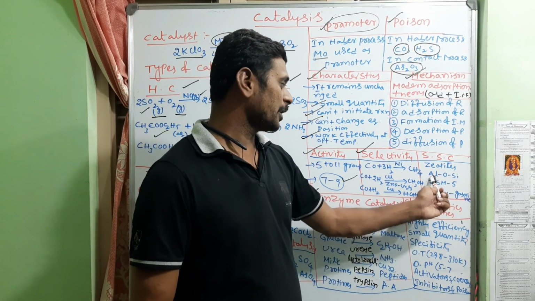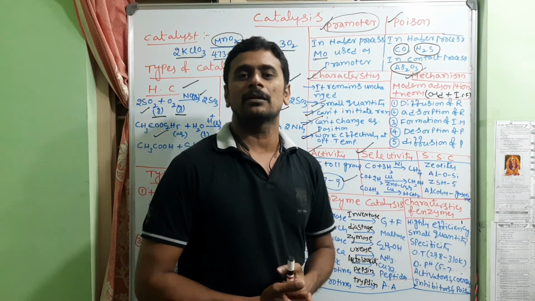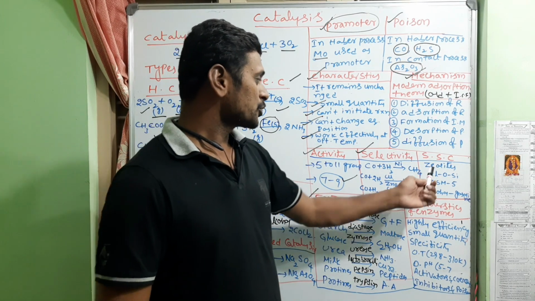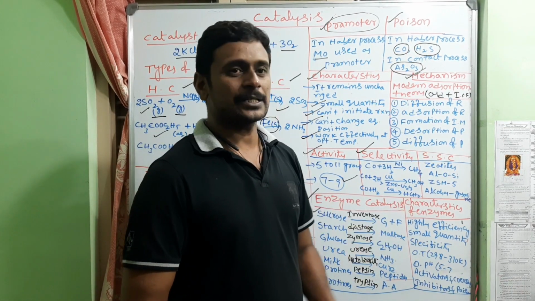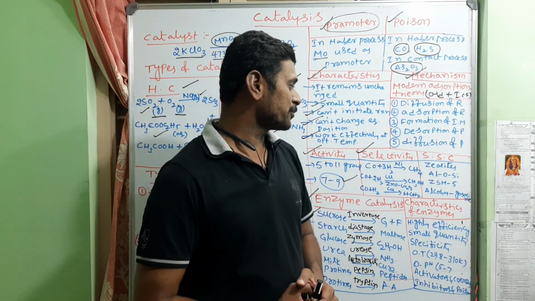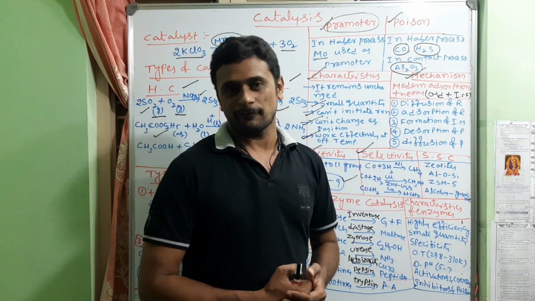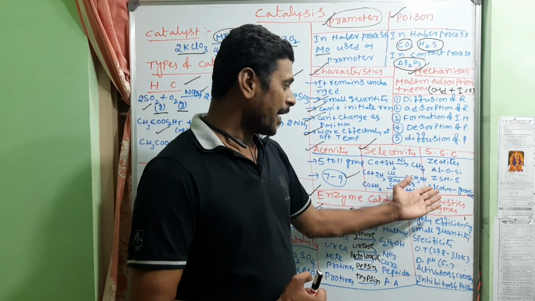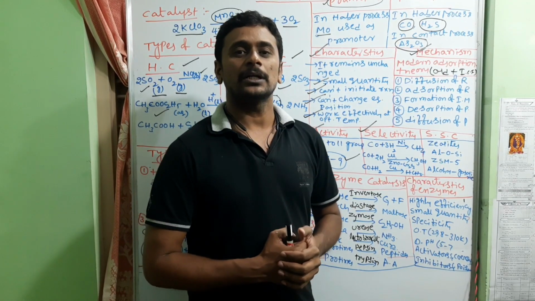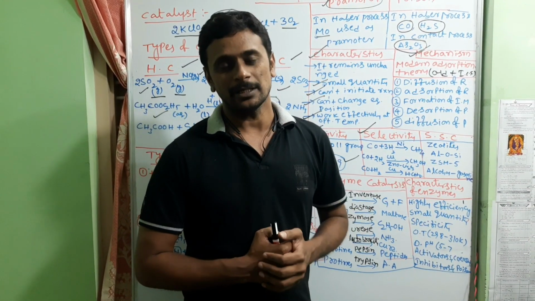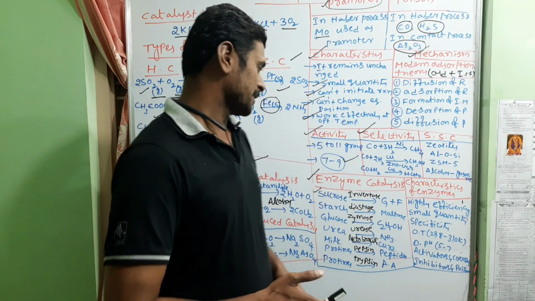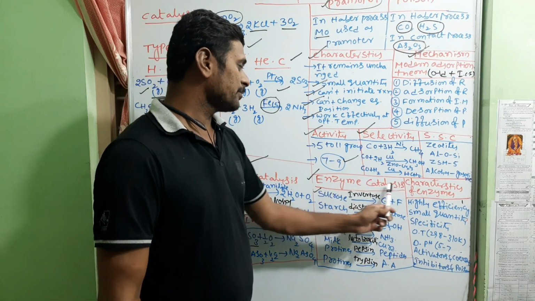Aluminium. It produces the important aluminium oxygen silicon framework. The best example for shape selective catalysis is ZSM5. In this case, alcohol is converted into gasoline by a dehydration process. Clear? Yes.